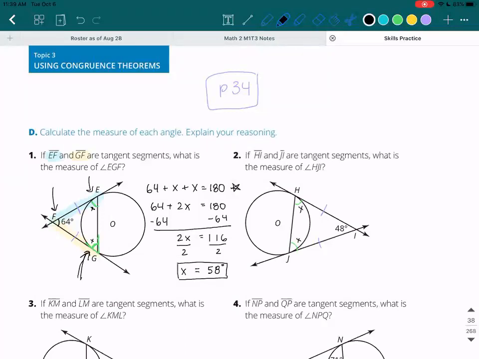Now they want us to find the measure of angle HJI. So which one is HJI? It's this one on the bottom. Okay, so that's HJI. And just remember that HJI on the bottom is the same thing as JHI on the top, but specifically they want us to find the bottom angle.